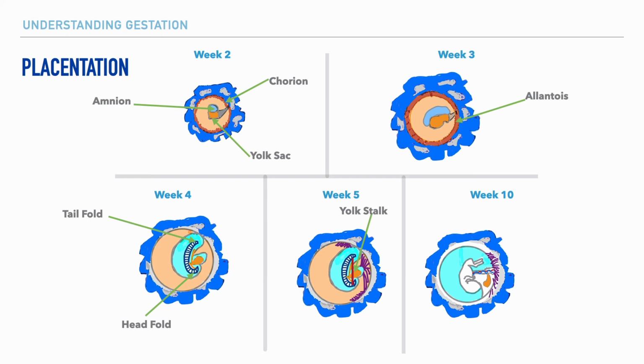Now, also in view here is the chorionic villi, which is the border between the fetal and maternal blood supply. And as mentioned a moment ago, we'll eventually see a fusion of the yolk stalk and the body stalk together, making what we refer to as the umbilical stalk. And the umbilical stalk ultimately becomes the umbilical cord.